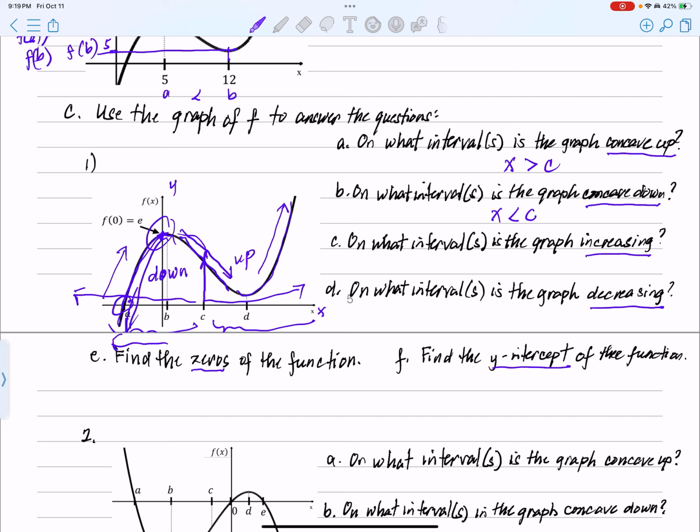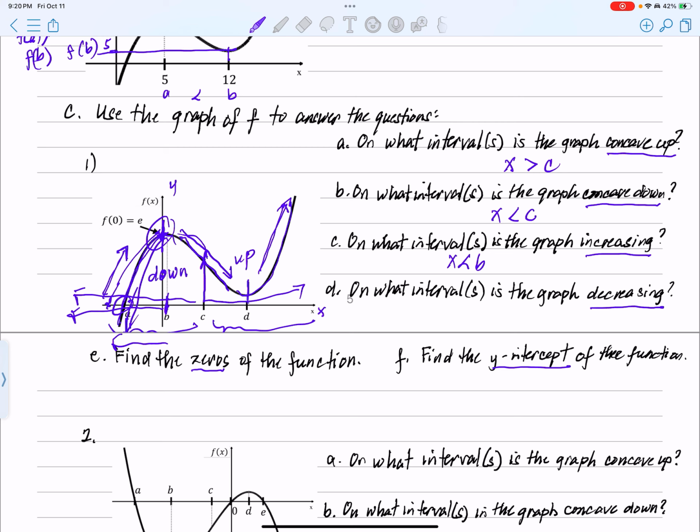When is the graph increasing? I was showing it to you here, it's increasing, and it's also increasing right here. So where is that when it increases? Because this portion right here is not increasing, only from here to here. So where is that point, going to the left? When x is less than b, right? That's where it's increasing. What else?